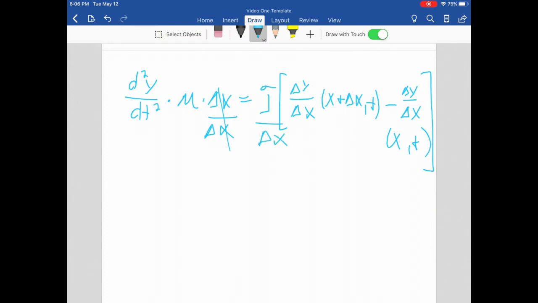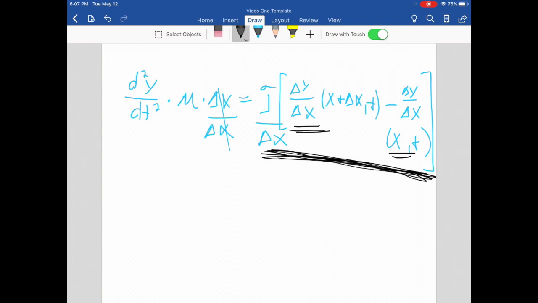And then from here, we must pay very close attention to this right-hand side of the equation. It can be a little bit confusing, but what you should essentially think of is that when I have this term delta y over delta x at x plus delta x minus delta y over delta x at just x, that's essentially saying the slope at x plus delta x minus the slope at just x. So in other words, within the brackets, we have the change in the slope.